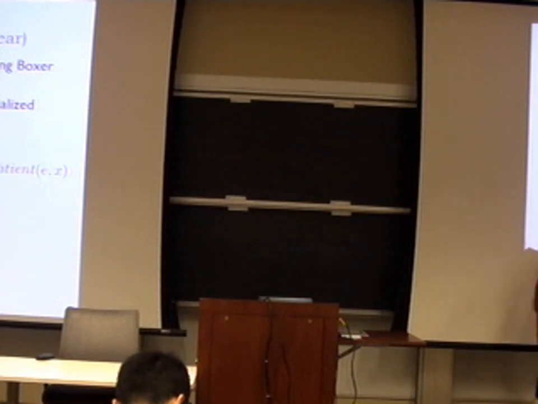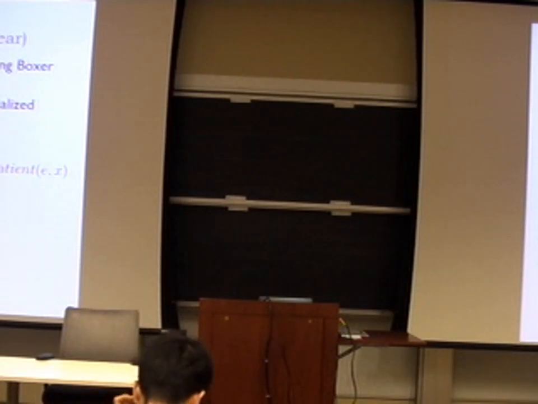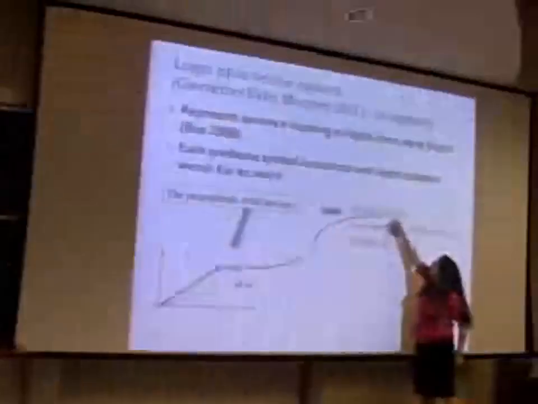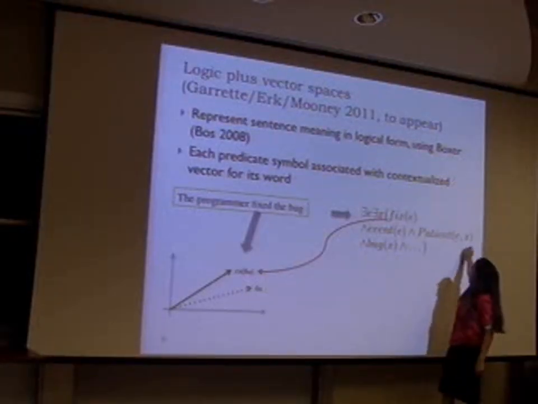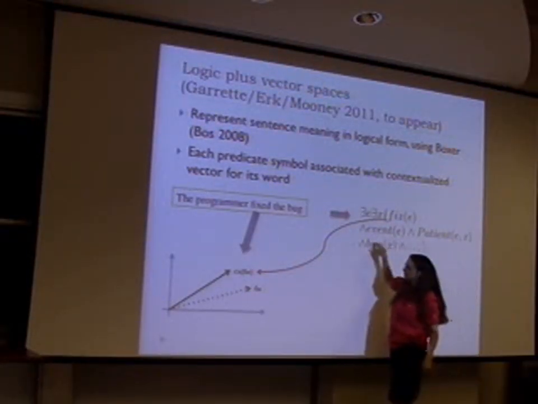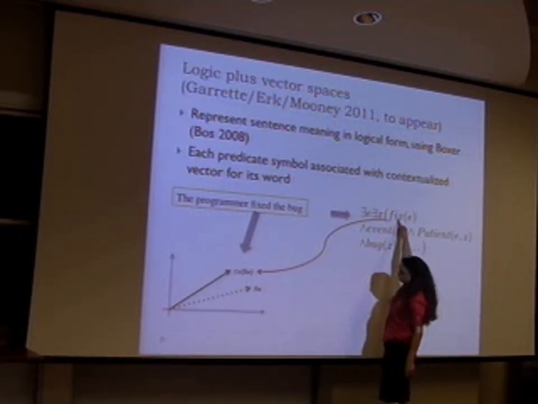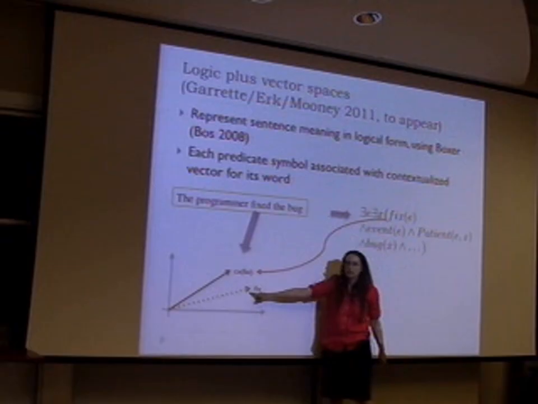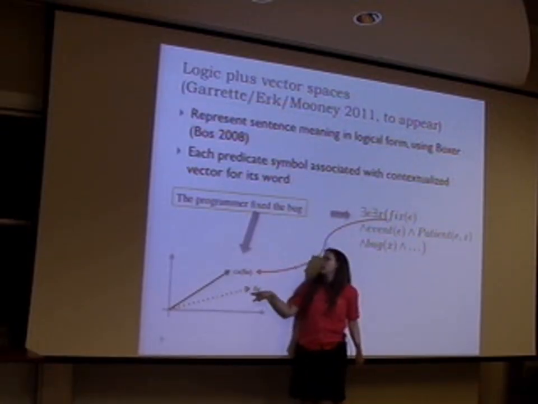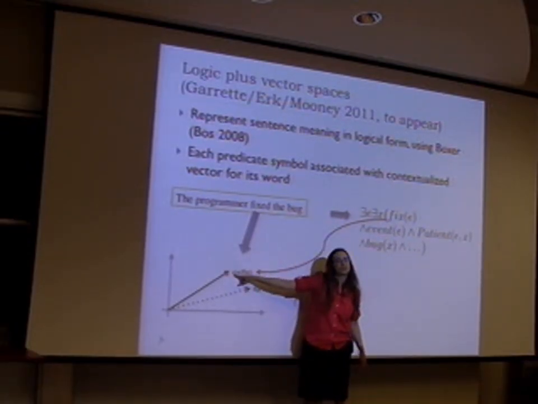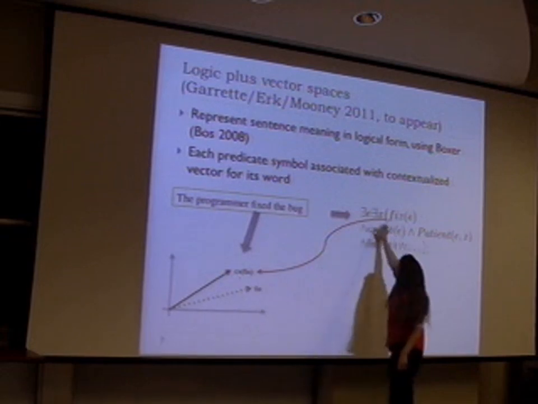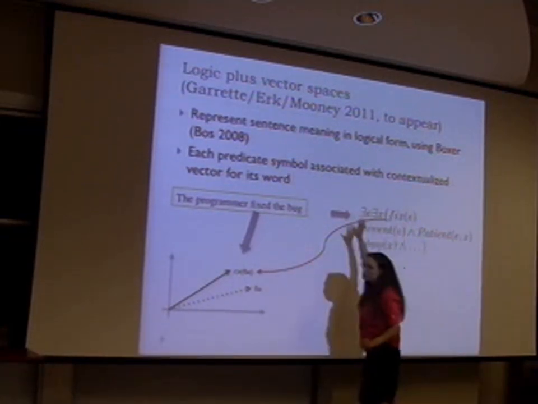So if you have "the programmer fixes the bug", then what Boxer will give you is a logical form, which is neo-Davidsonian, with the little e's in there. So you have a fixing event where the patient is a bug. And then for the predicate fix, you have the general vector for fix, and you have the contextualized vector for fix, which we compute off of the logical form here.